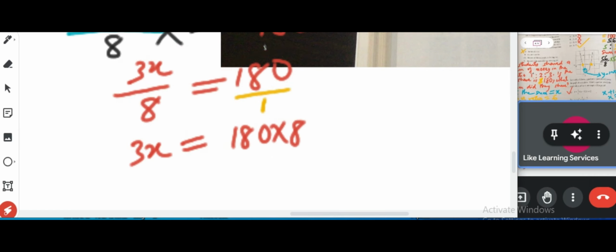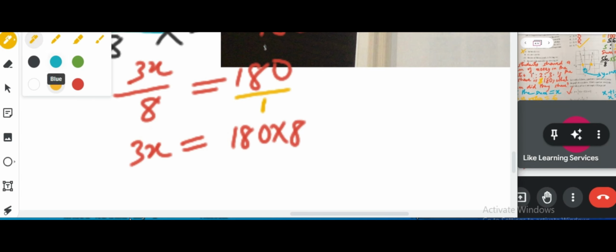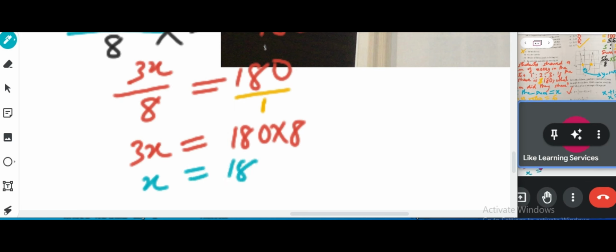So what do you do now to get x? You divide both sides by 3. So that gives us x is equal to 180 times 8 divided by 3.